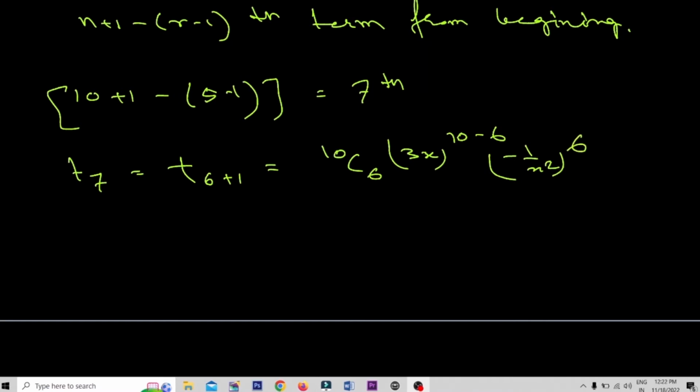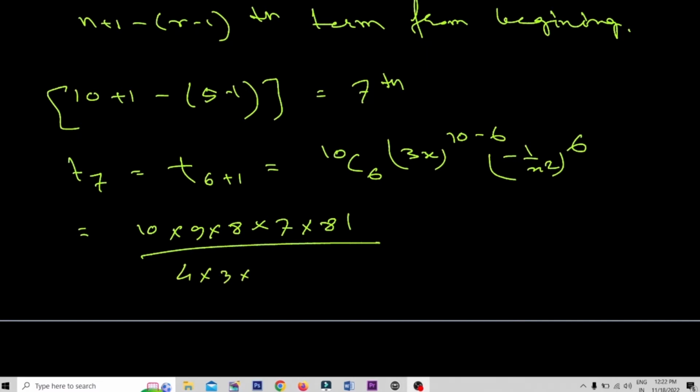So if we calculate here, same as the previous case, 10C6 means 10 into 9 into 8 into 7 into 81, in this case 3 to the power 4, that is why 81, by 4 into 3 into 2 into 1, x to the power 8. So once again here 17010 total divided by x to the power 8.